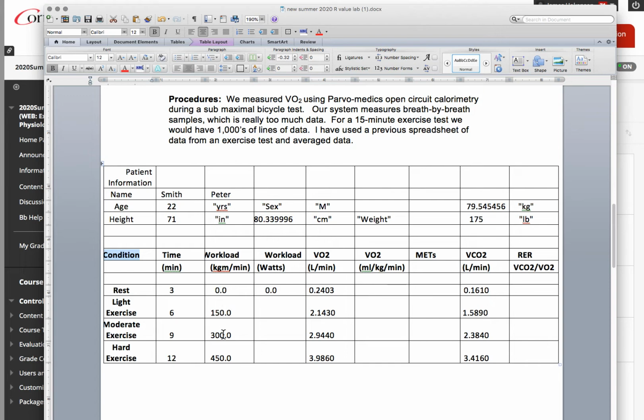These are the calculations for the workload, and the units are a little bit funny. They're called kilogram meters per minute. It's actually a work rate. And I'm going to ask you to calculate the workload in watts, which is a more typical measurement of work, or actually a measurement of power.